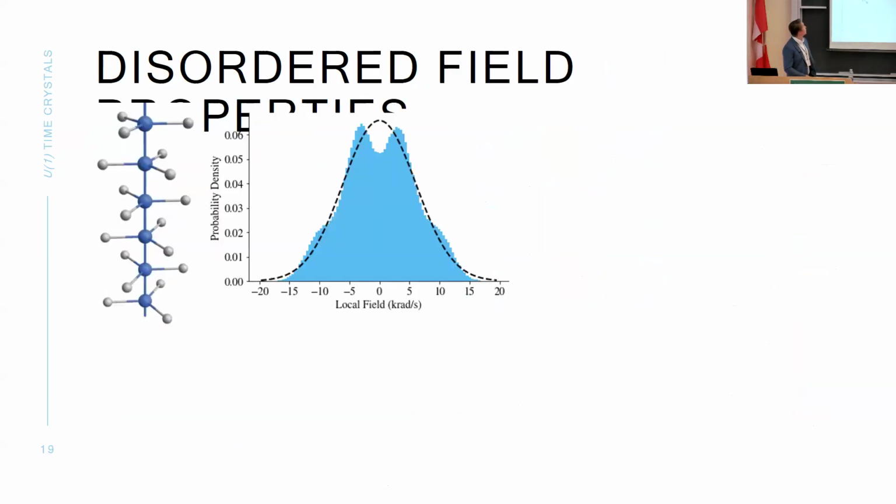So if we go through and understand the disordered field properties with essentially just Monte Carlo, we have a series of coin flips that we can do many, many times. We can build up the disordered field distribution numerically, and you'll see that there's about 4 peak structures, and we understand that because there's 3 nearby phosphorus spins, and so you have an emergent sort of 3-half structure that dominates. But overall, a single Gaussian fit has seemed to work fairly well.